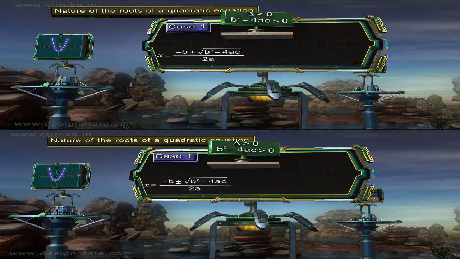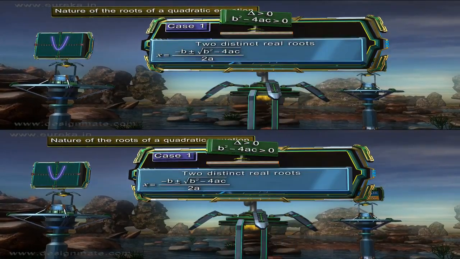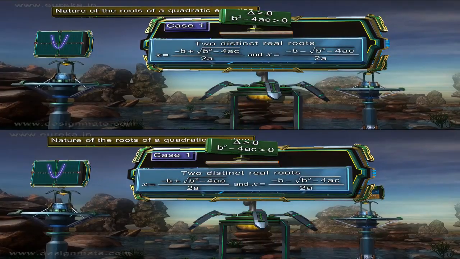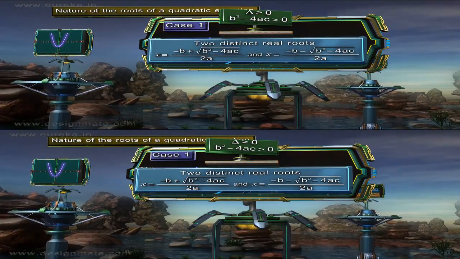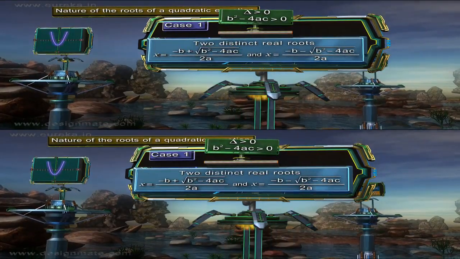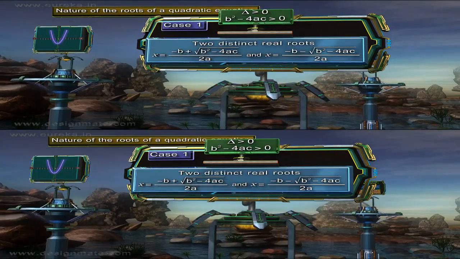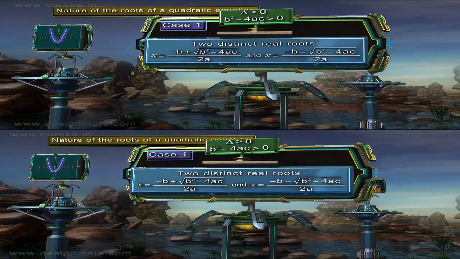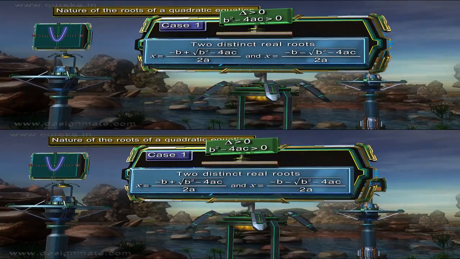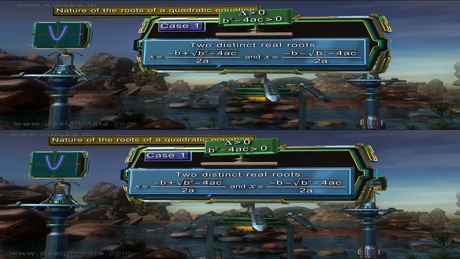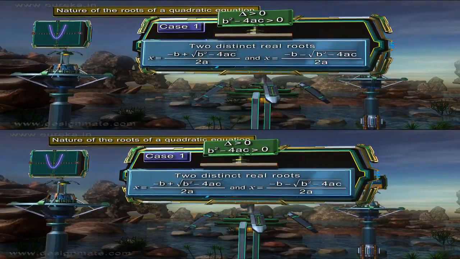Since we are going to add and subtract the square root, we will get two distinct real roots given by x equals minus b plus root of b square minus 4ac the whole upon 2a and x equals minus b minus root of b square minus 4ac the whole upon 2a.